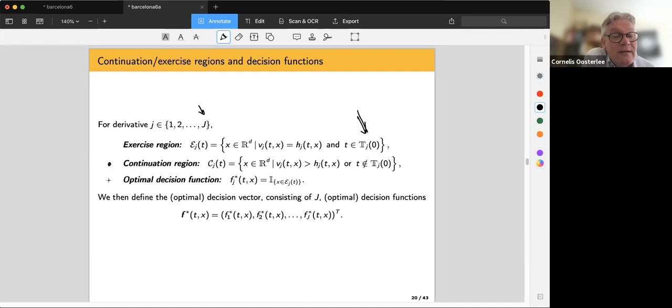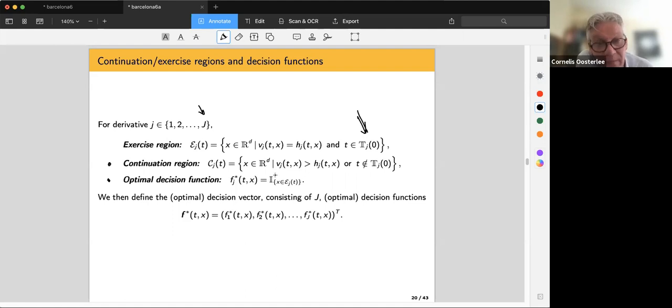In this particular case, we look at optimal decision functions, f star j, depending on t and X. That's an indicator function that says X is in the exercise region. So it flags 1 when X is in the exercise region, and it flags 0 otherwise. It's just a whole bunch of high-dimensional 0s and 1s.